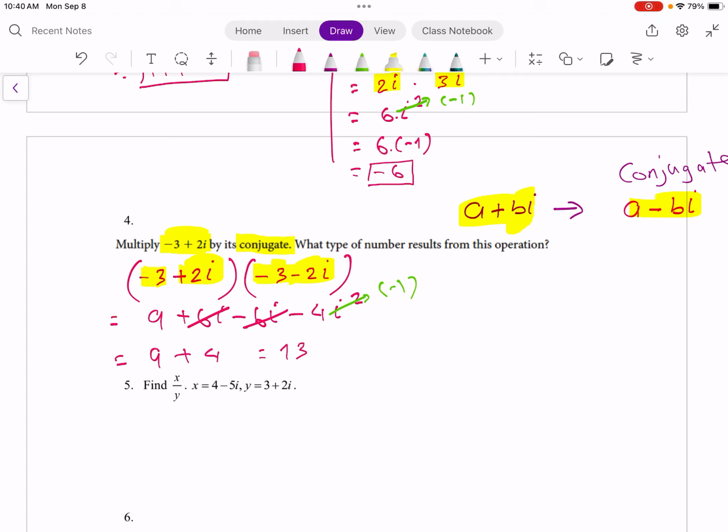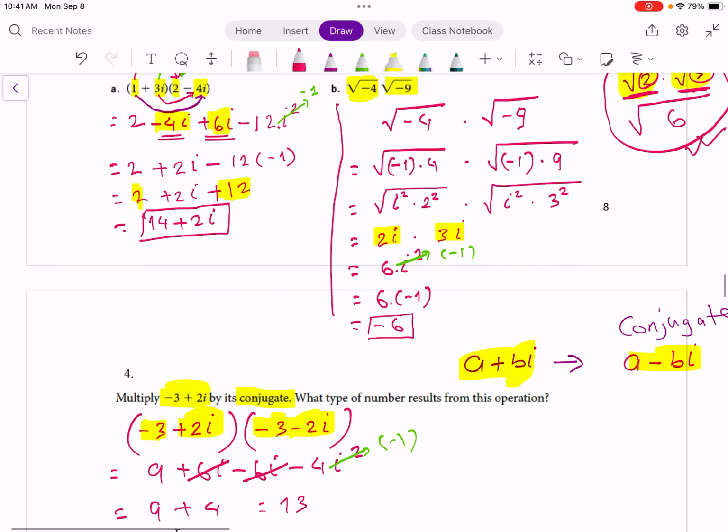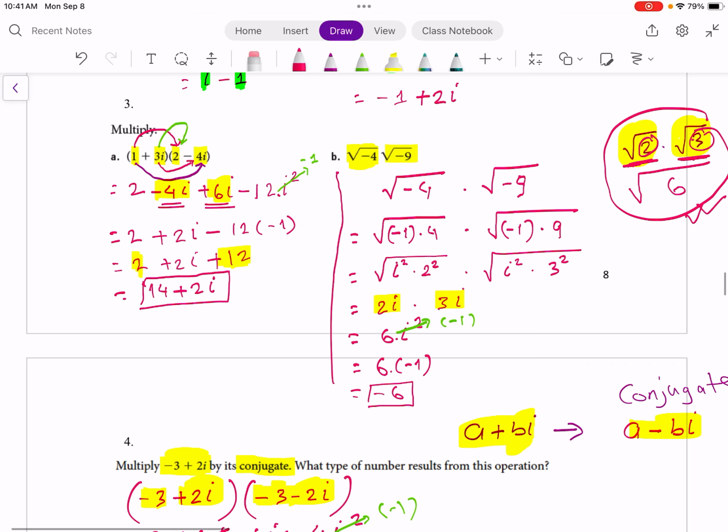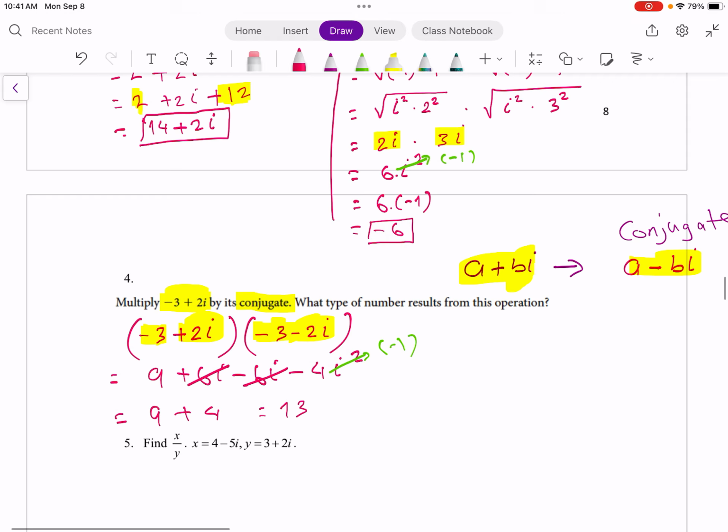In our example 3, we did multiply two complex numbers, but those two are not conjugates of each other. Since those two are not conjugates of each other, we end up getting a complex number. But in example 4, we multiplied a complex number by its conjugate and we end up getting a real number.